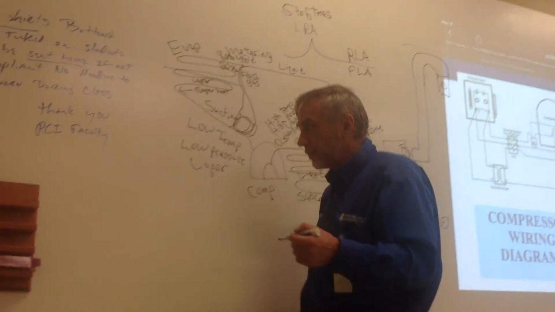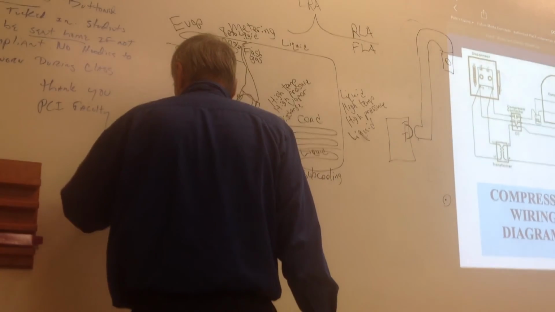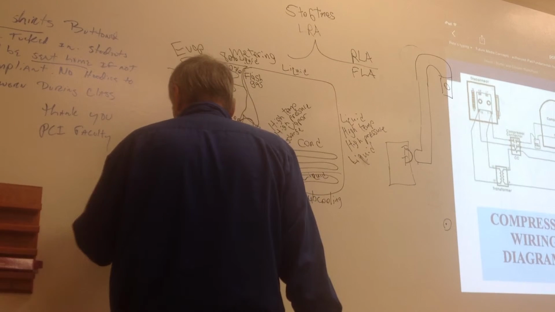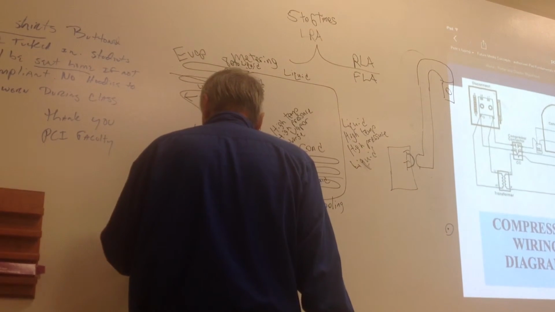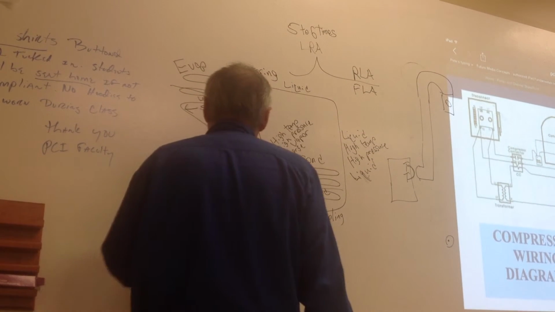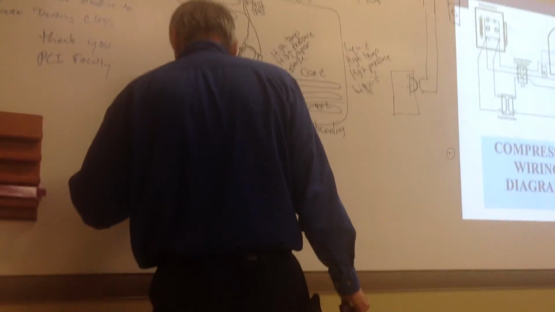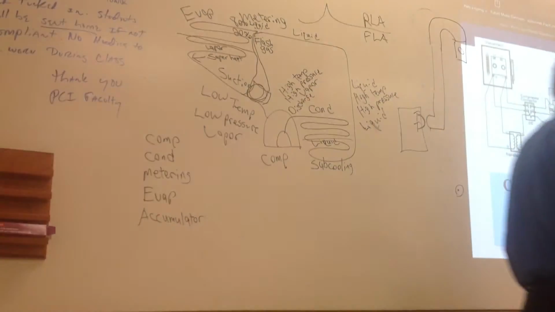So the components we're dealing with right now are compressor, condenser, metering device, and evaporator. And then we'll also put that accumulator. And then we'll keep on adding components as we go.